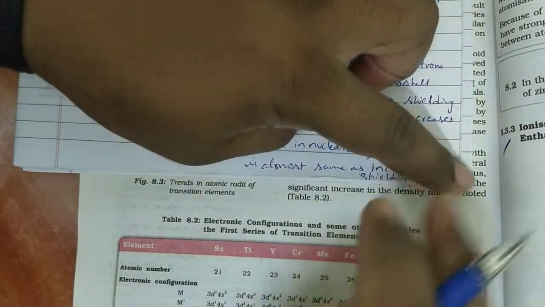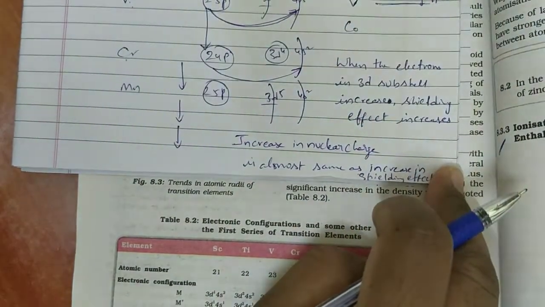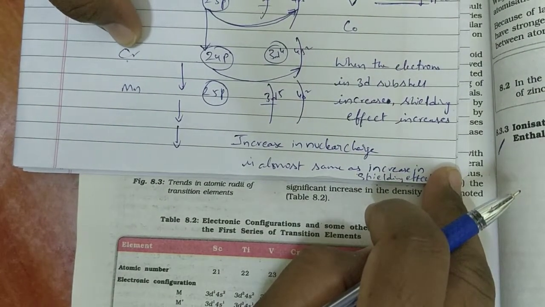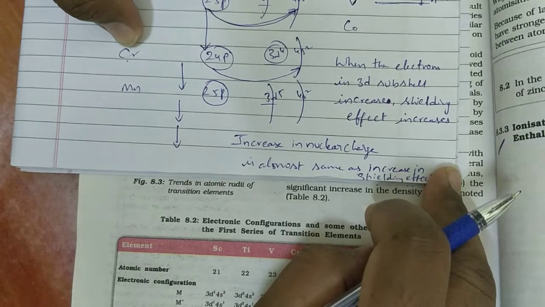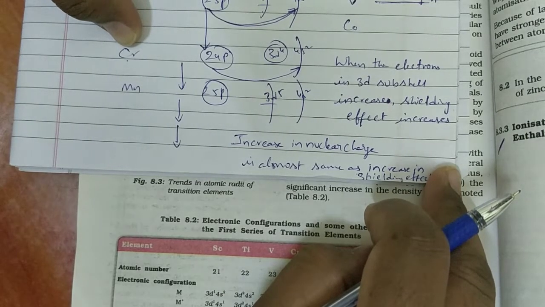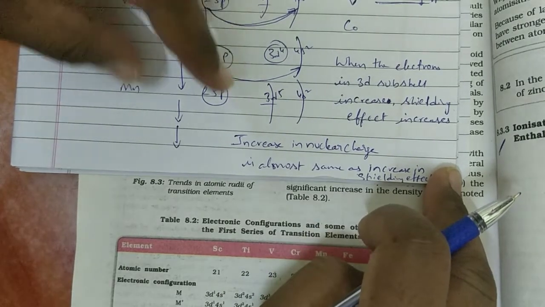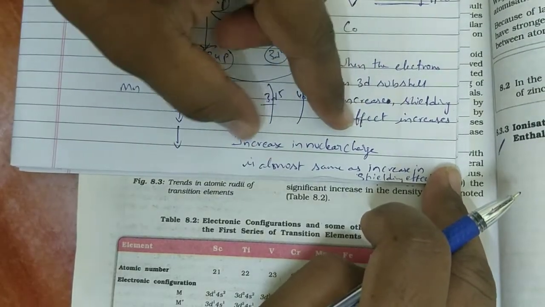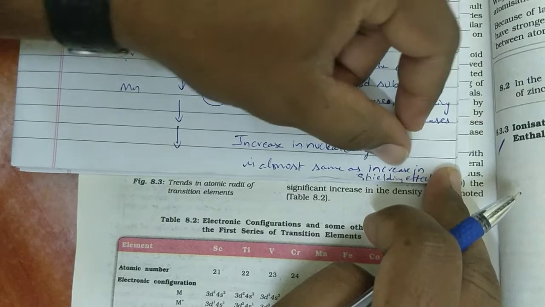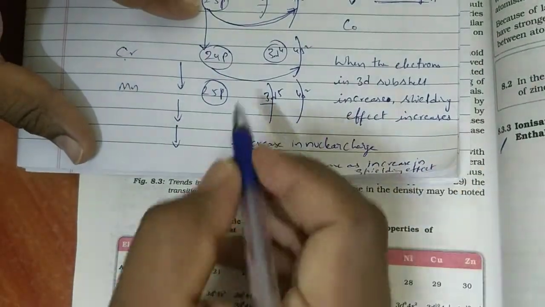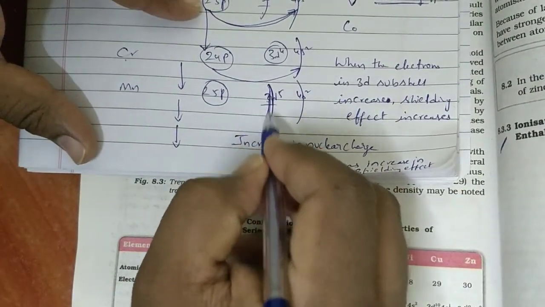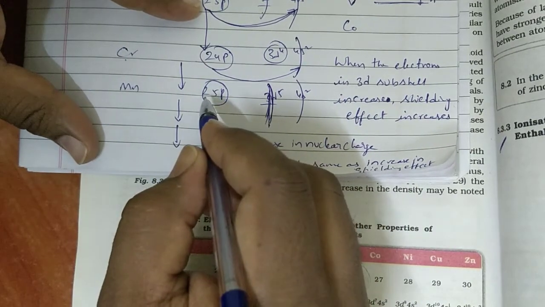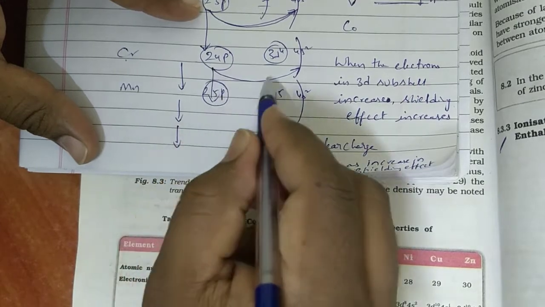I will write in the conclusion final point. See, from scandium to chromium, increase in nuclear charge dominates increase in shielding effect. Because of that, the decrease in atomic size is high. Now, from chromium to cobalt, increase in nuclear charge is almost same as increase in shielding effect. Here shielding effect is getting increased as well as nuclear charge also getting increased. Both are in almost the same ratio.